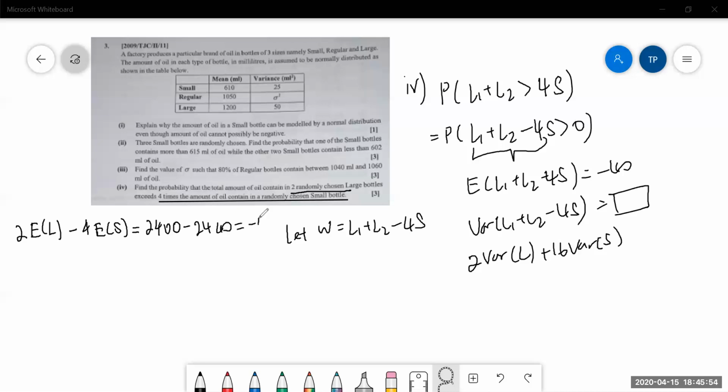So you should get minus 40. Then for variance, it will be 2 variance of L plus 16 variance of S. 2 variance of L will be 100. 16 variance of S is 16 times 25, which is 400. So you should get 500.